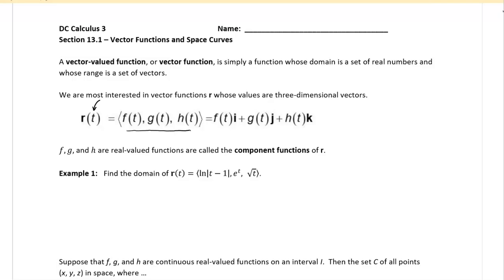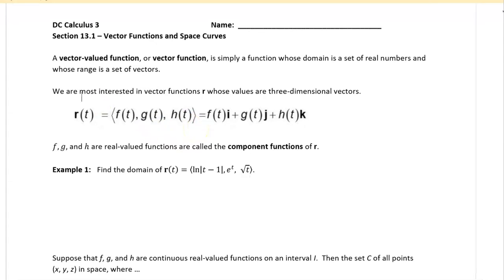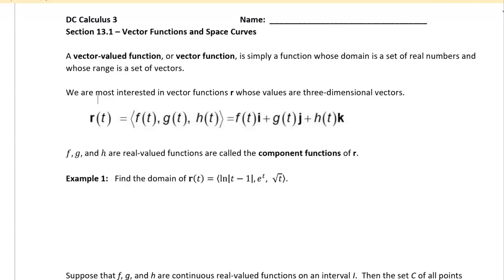We're most interested in vector functions r whose values are three-dimensional vectors. We can do this in other dimensions, of course, but then it doesn't have quite the same visual representation associated with it.